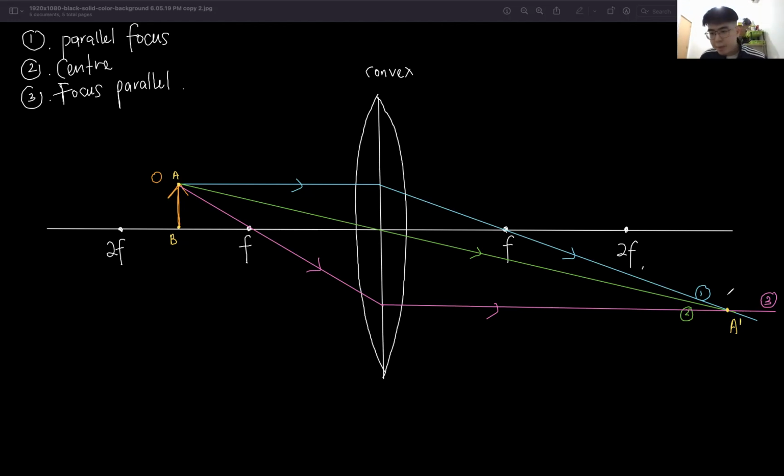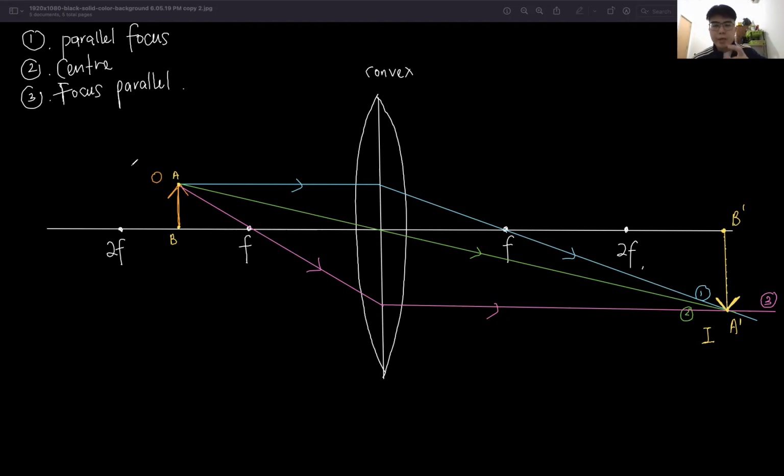So you must draw B in a straight line, on top of A prime because it must be on the principal axis. Then you join a line like this, and draw the arrow of the image here. Label this image, and this is your object.